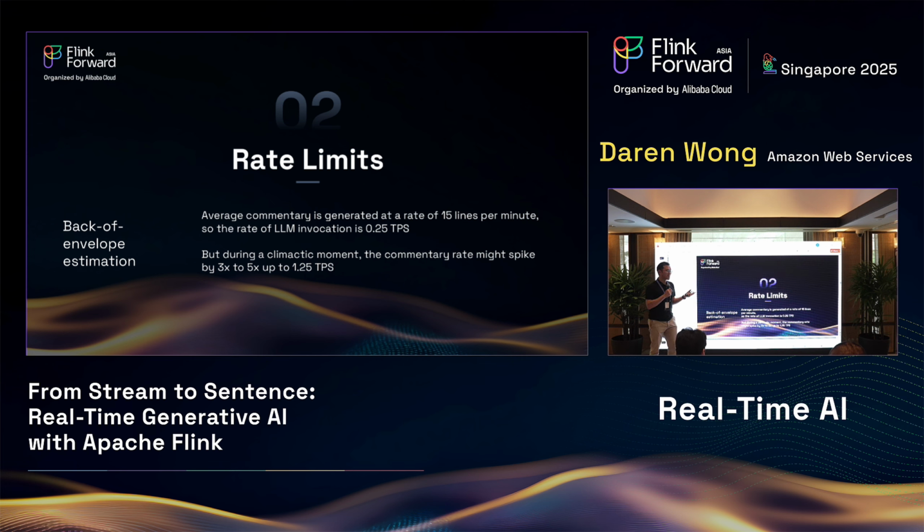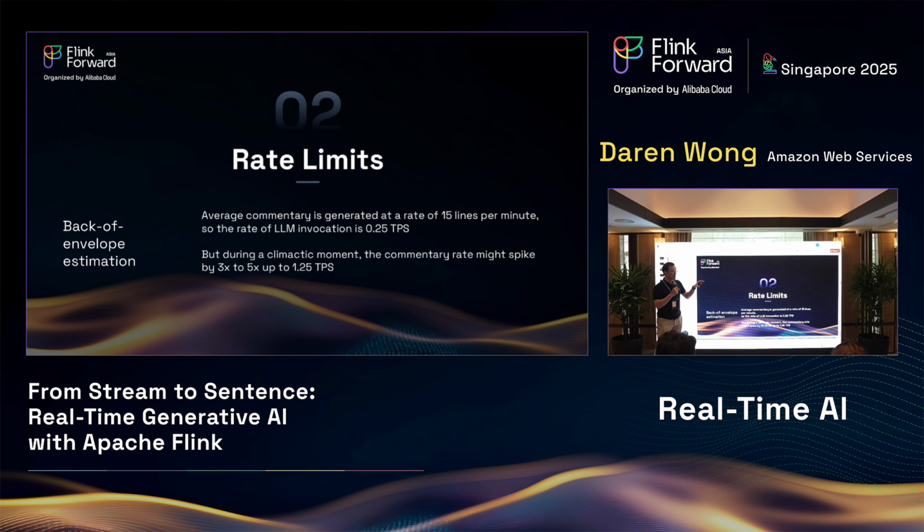However, during a climactic moment, for example, when the teams are very close to scoring a goal, you would imagine the commentary rate to spike up. Here, I assume it will spike up by at least 3 to 5 times, so up to 1.25 TPS. So these are the requirements that we need to work with: an average case of 0.25 TPS and a burst rate of 1.25 TPS.